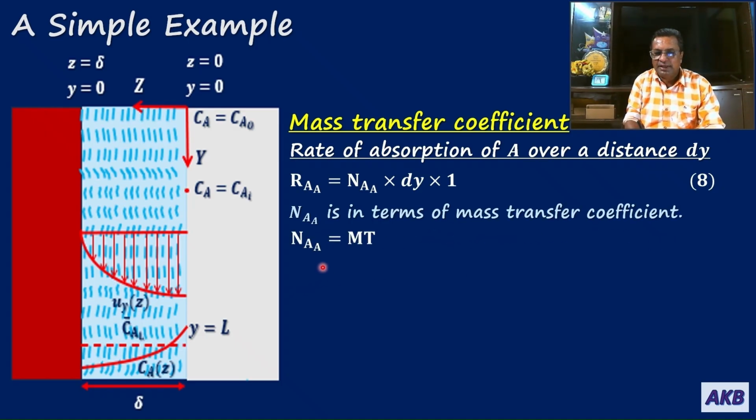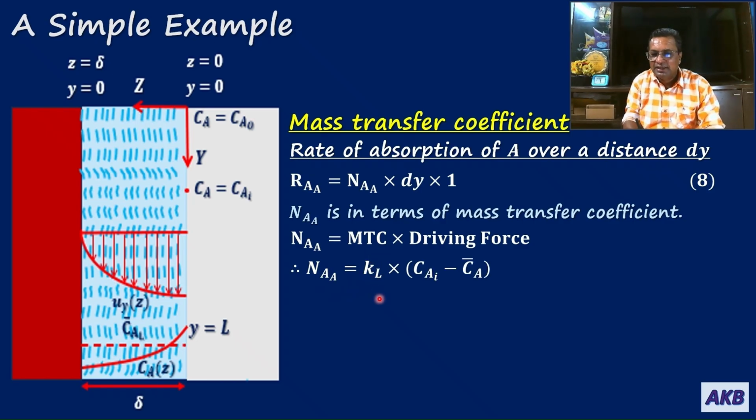NAA will be equal to the mass transfer coefficient into the driving force. So NAA is equal to KL into the difference between the concentration at the surface and the average concentration within the liquid. The equation is NAA is equal to KL into (CAI minus CA bar), where CA bar is the average concentration at any y in the liquid.